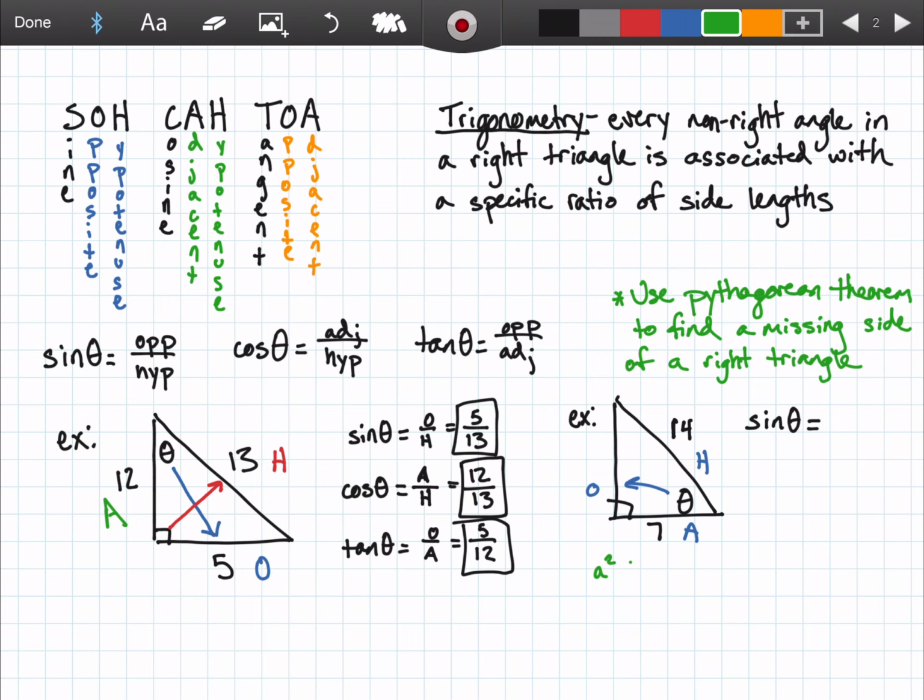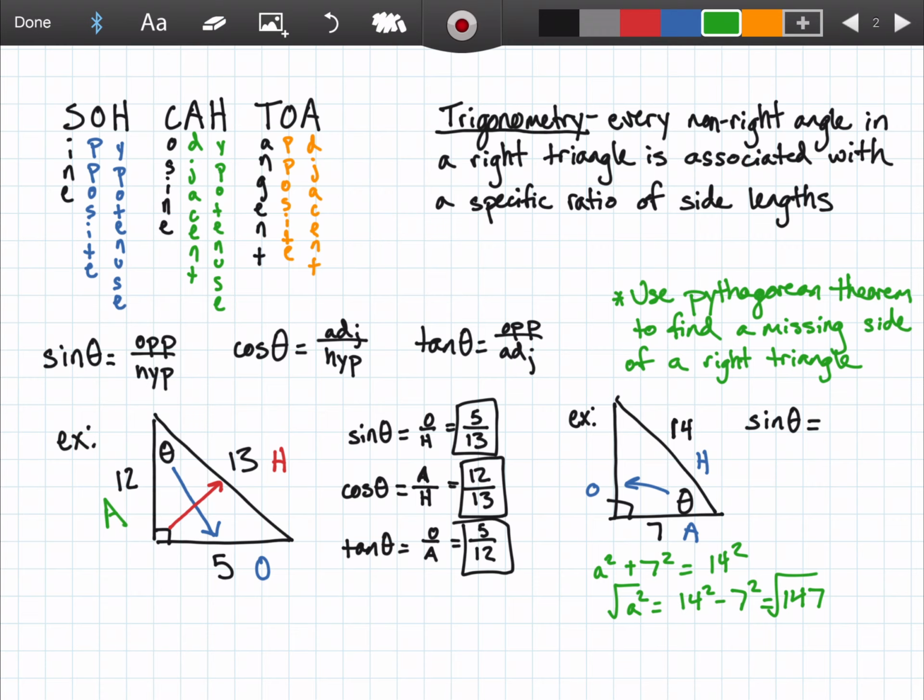So a squared plus 7 squared equals 14 squared. I'm just going to type that much into the calculator right now, the 14 squared minus 7 squared. 14 squared minus 7 squared is 147, which means I have to square root that.